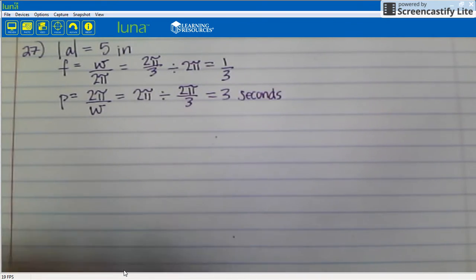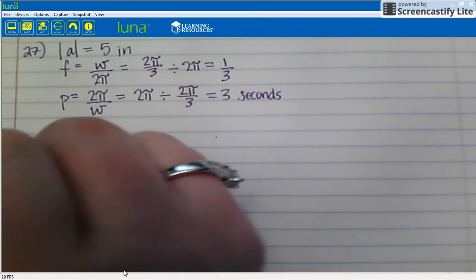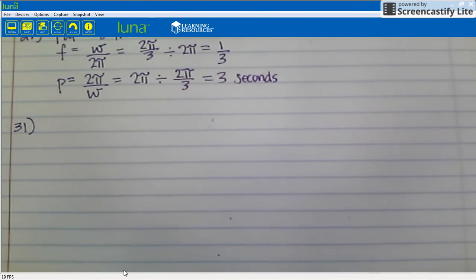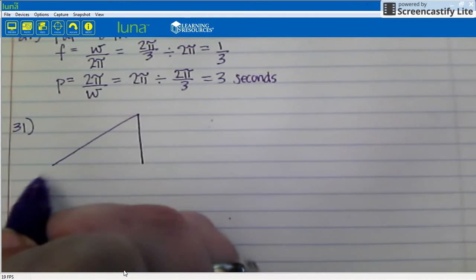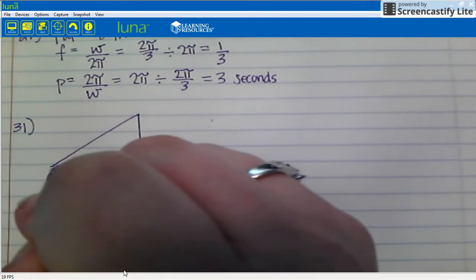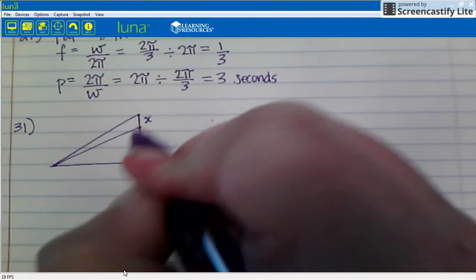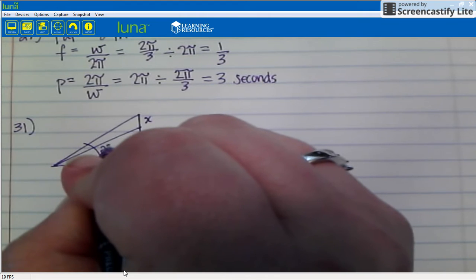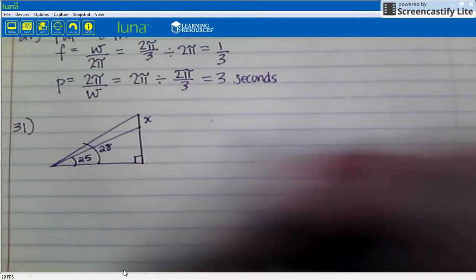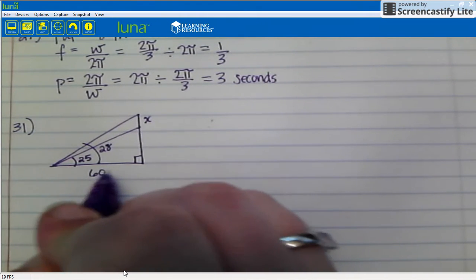Now, in 31, you get into some more triangle application type problems. So the figure that you're given in your problem looks like this, essentially. And you're told that this angle is 25 and this whole angle is 28 and that this length is 600.